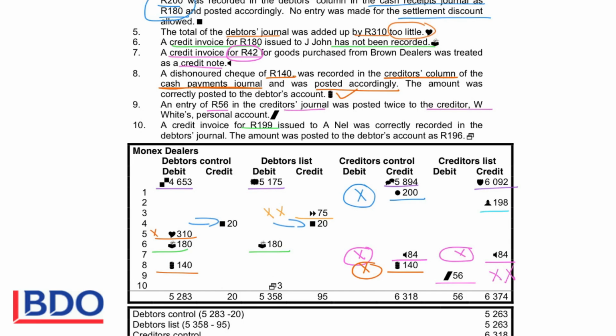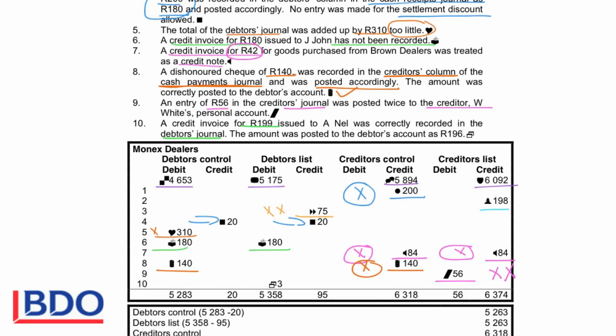A credit invoice that was issued for 199 to A. Nell was correctly recorded in the debtor's journal. So there's no mistake in the journal, therefore there's no mistake in the control account. The amount was posted to the debtor's account as 196 Rand. That means that we put the wrong figure in the debtor's account. A credit invoice in the debtor's journal means that we sold goods to a debtor, so their account was supposed to be debited.